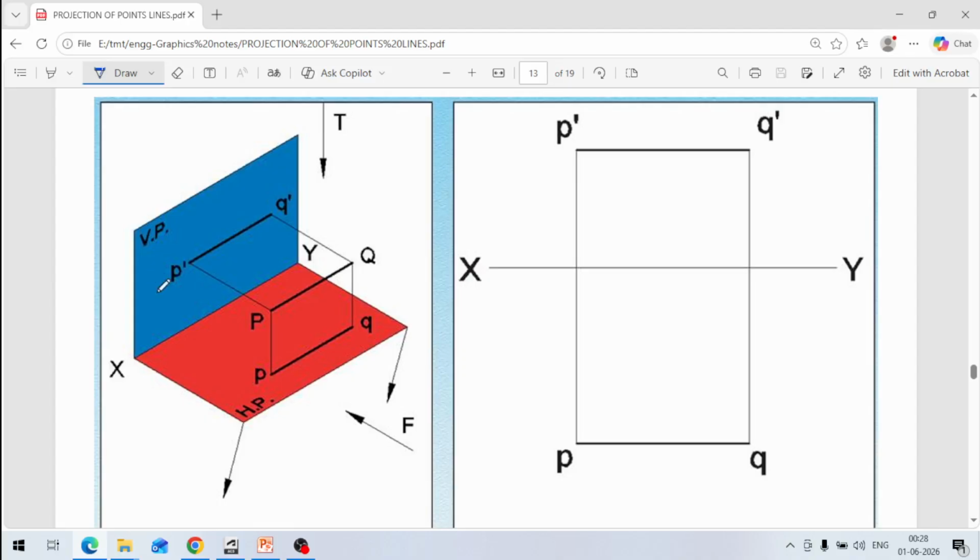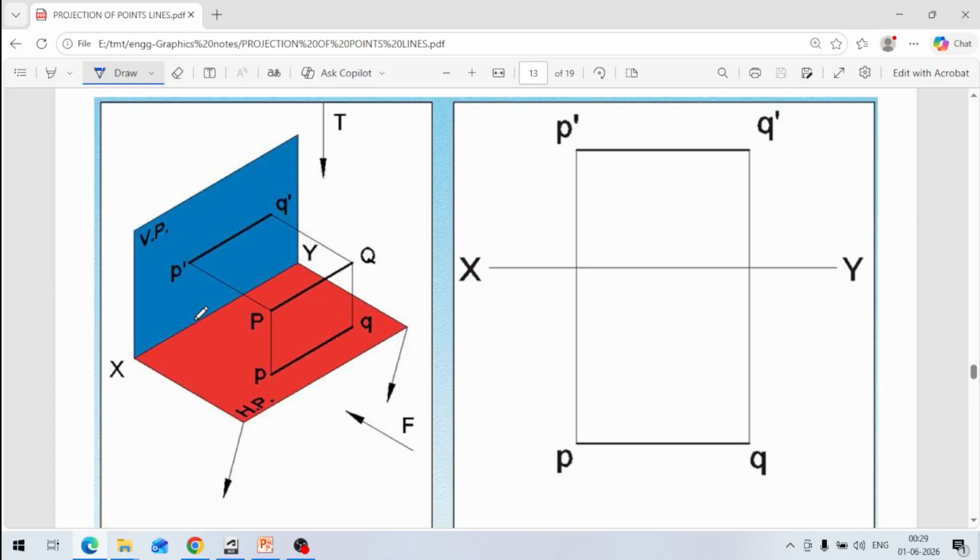In the vertical plane, whatever this distance is from the XY line, the PQ line is projected on the plane, and the projections are P dash Q dash. P dash Q dash is the line projected on the vertical plane.